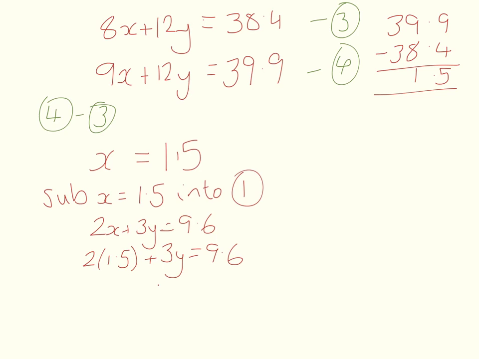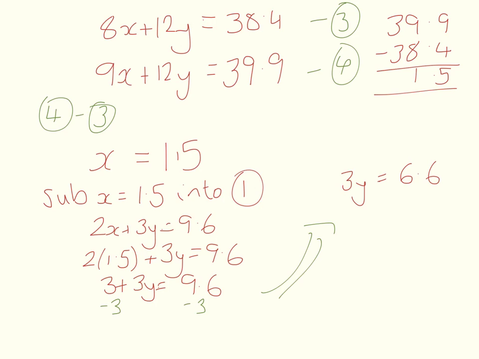So that's 3 plus 3y equals 9.6. I can subtract 3 from both sides. I'm just going to carry on my working up here. I'm going to have 3y equals 6.6. If I divide both sides by 3, just solving the equations like we've been doing, I'm going to get y equals 2.2.